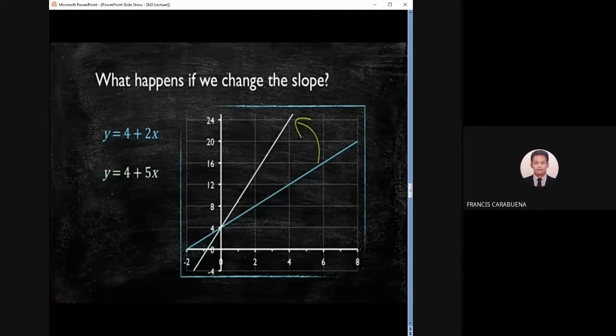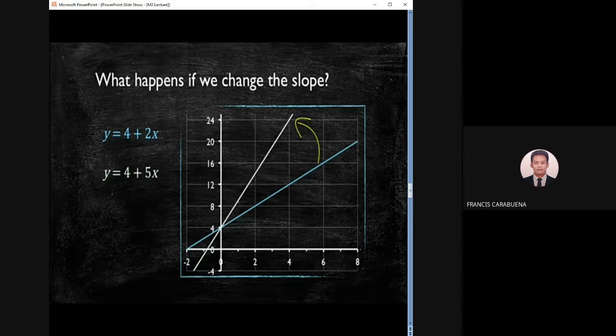So you see that we have a much steeper slope because y is growing faster than it was before when we had a 2.